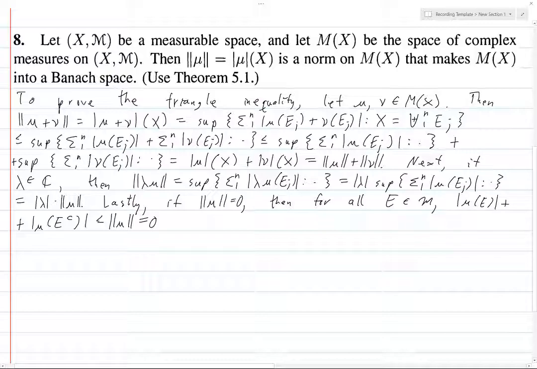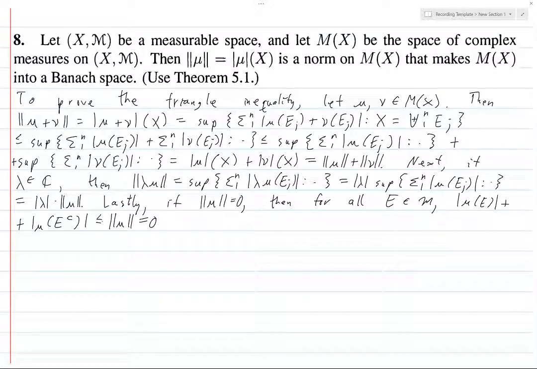So certainly if we choose a particular partition of X, a pretty dull one, this isn't going to necessarily get you very close at all to the norm, but we know it must be less than or equal to it because it's a particular element of the thing you're taking the supremum over.